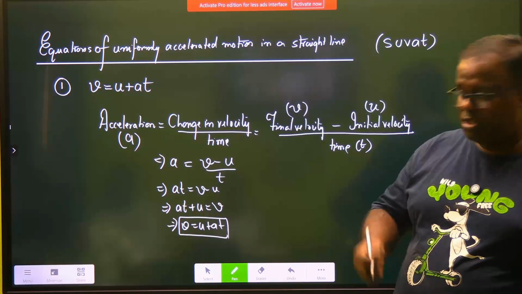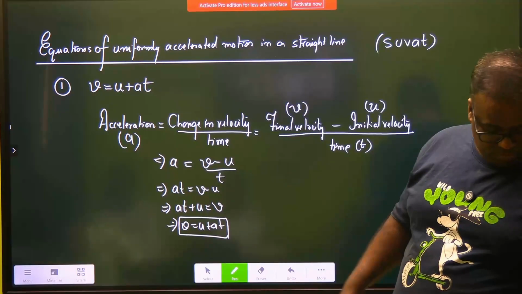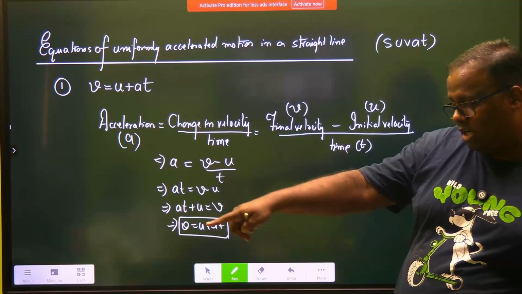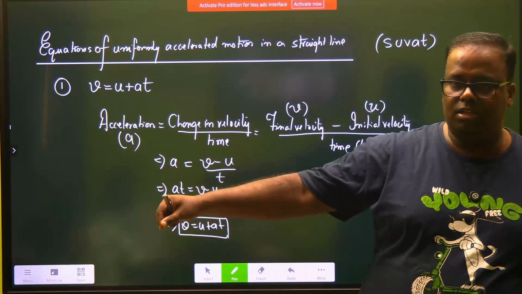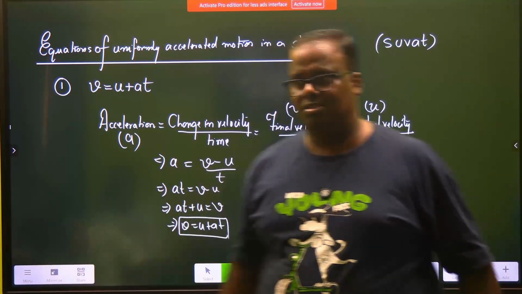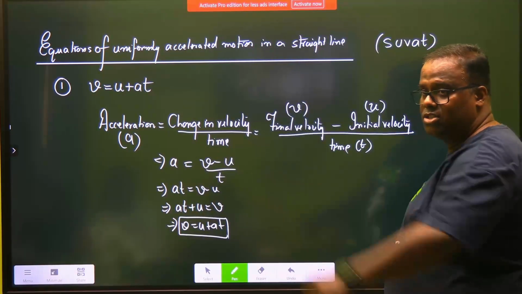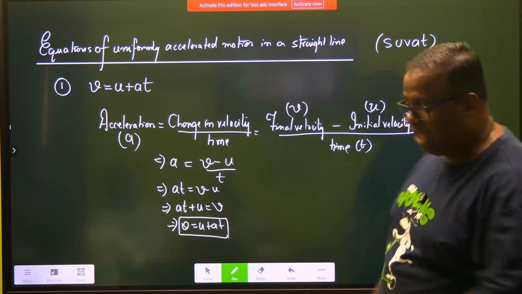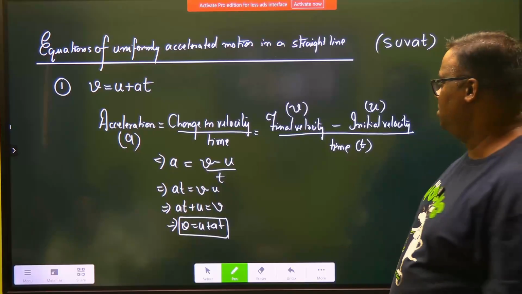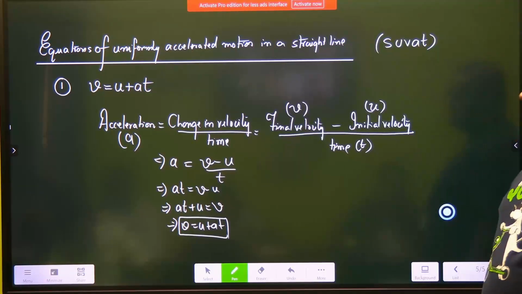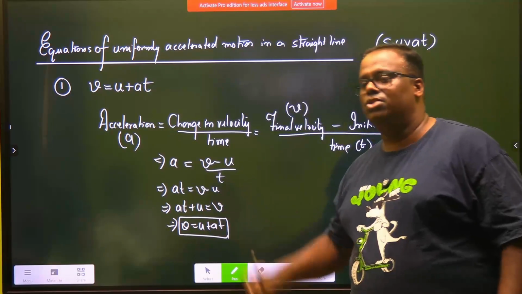Check what displacement is: the shortest straight line distance from this edge corner of the table to that corner. What is the shortest distance? The length of the table. That's the displacement. Start asking yourself.